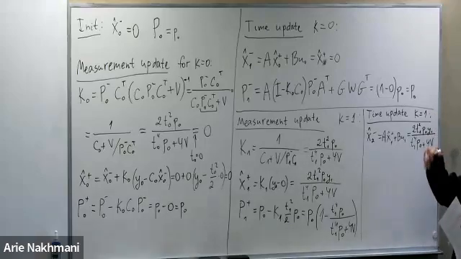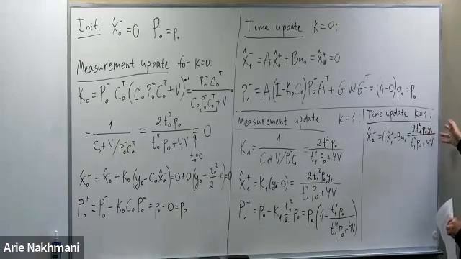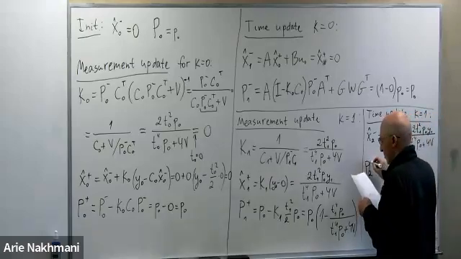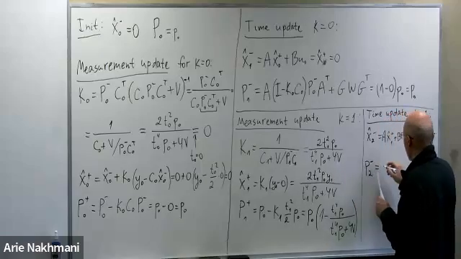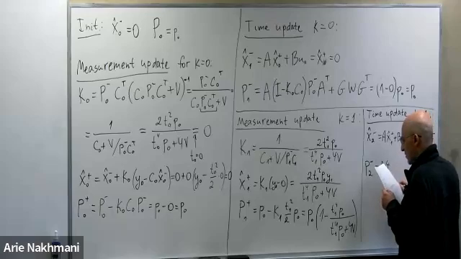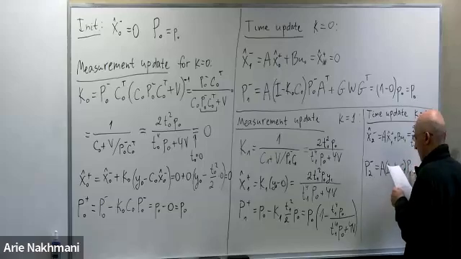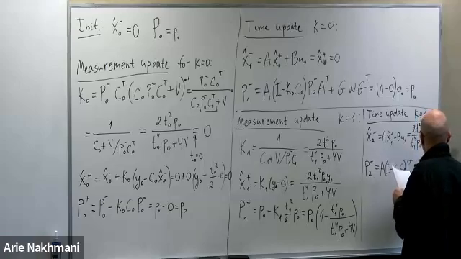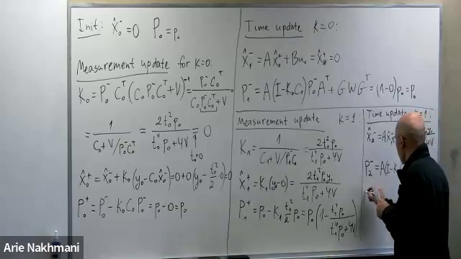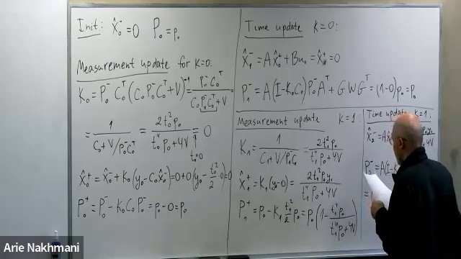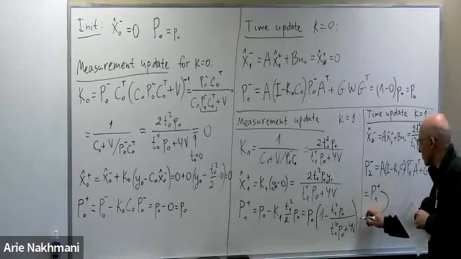So this is your next estimated state, which seems to be pretty complicated, but this is what it is given a generic P value, okay? And P2 minus will be the same formula. So you get exactly the same thing. This one.